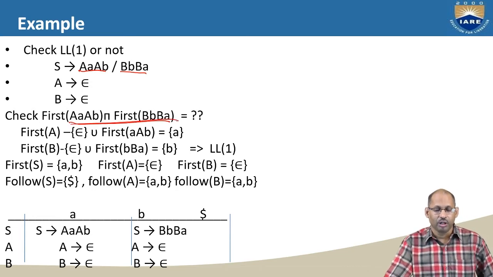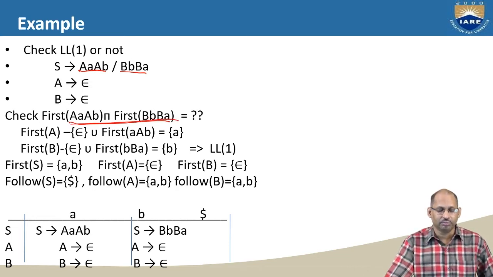What happened? Now, for the first production, first of A is epsilon.